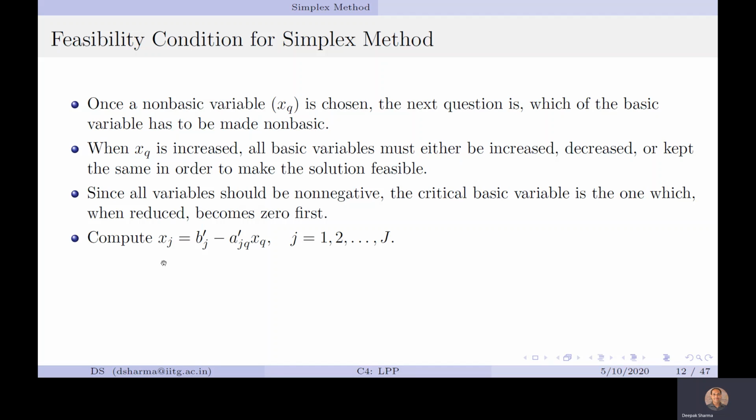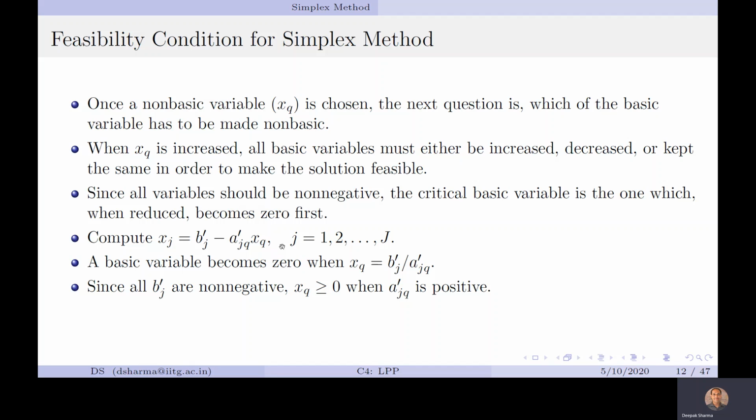In this case, let us assume that we have this basic variable xj and its value is written in this form. Since we have to find which basic variable has to become 0, we make this equation equal to 0. So in a way, we are saying that xq is equal to bj prime divided by a prime jq.